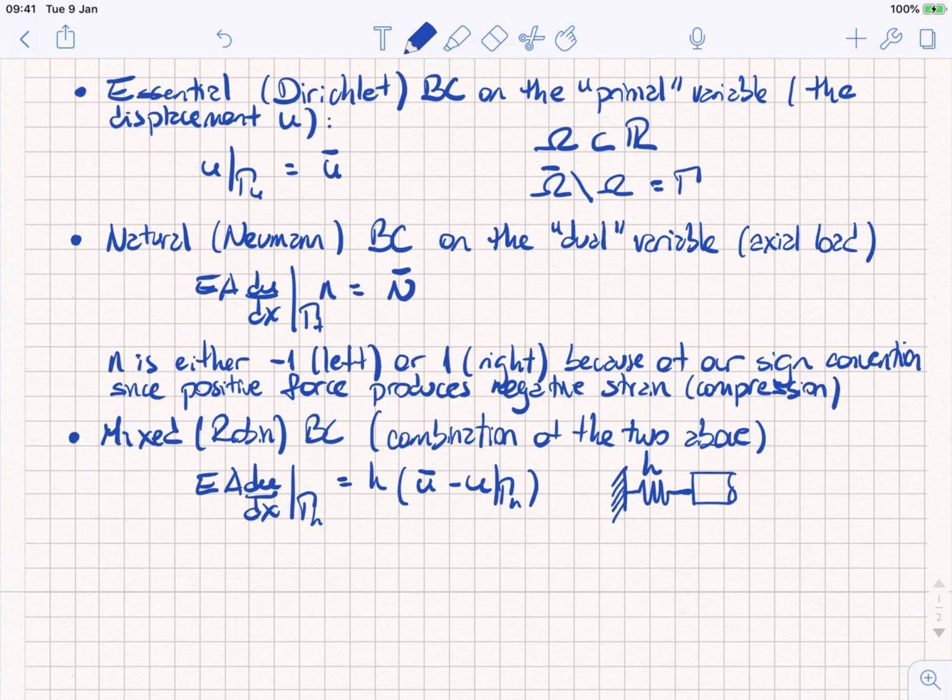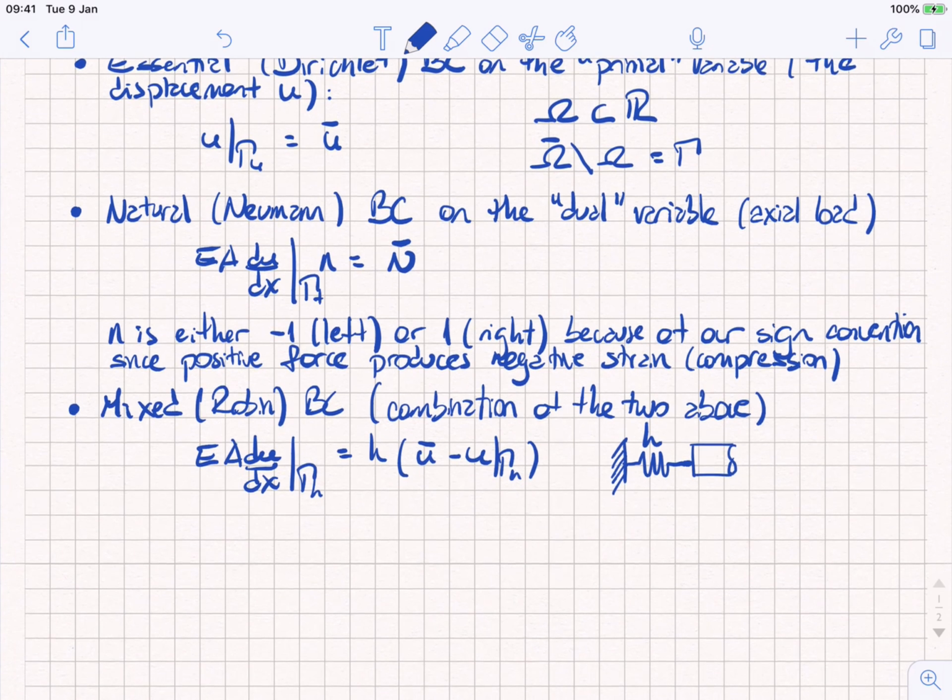We call this a spring constant H because this type of boundary condition is used a lot in heat transfer, and in that context, H is the heat transfer coefficient. So we keep the same notation to simplify things when we move on to the next type of equation.